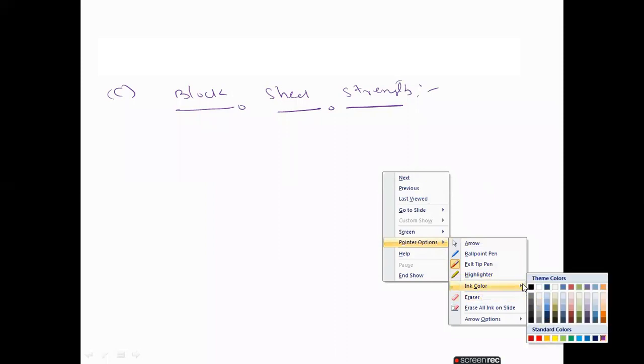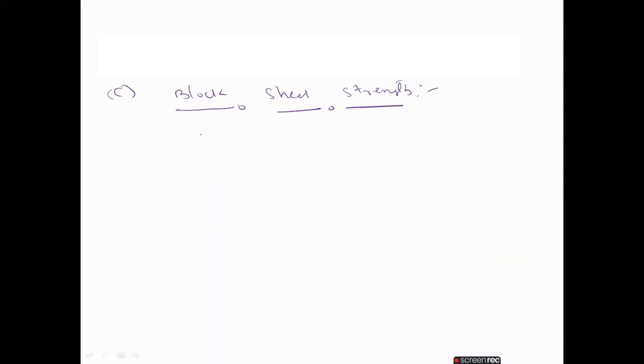This is the most important thing we have to use in the member. Anyway, I will draw some of the important points, and also show how the block shear will happen. I will draw again for your better understanding. So, the diagram here.